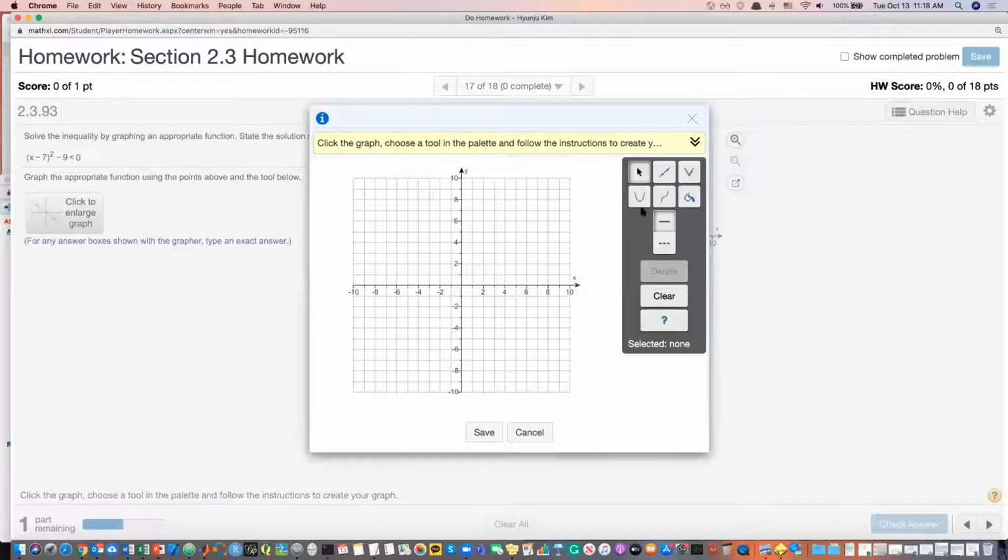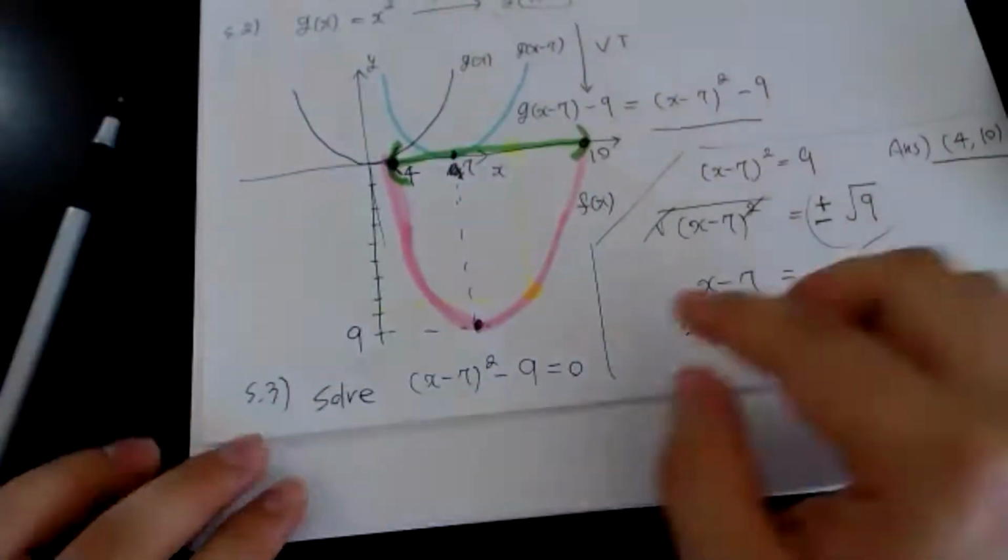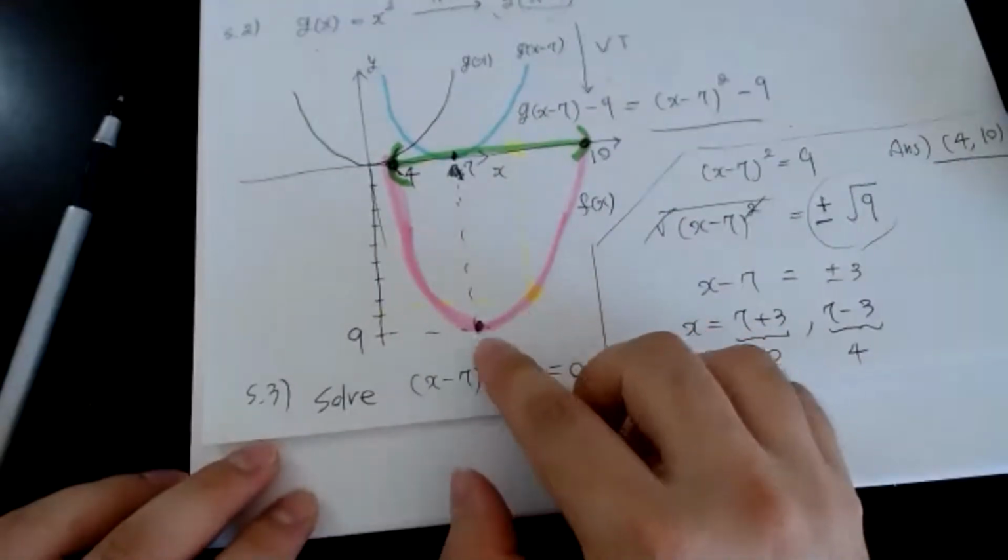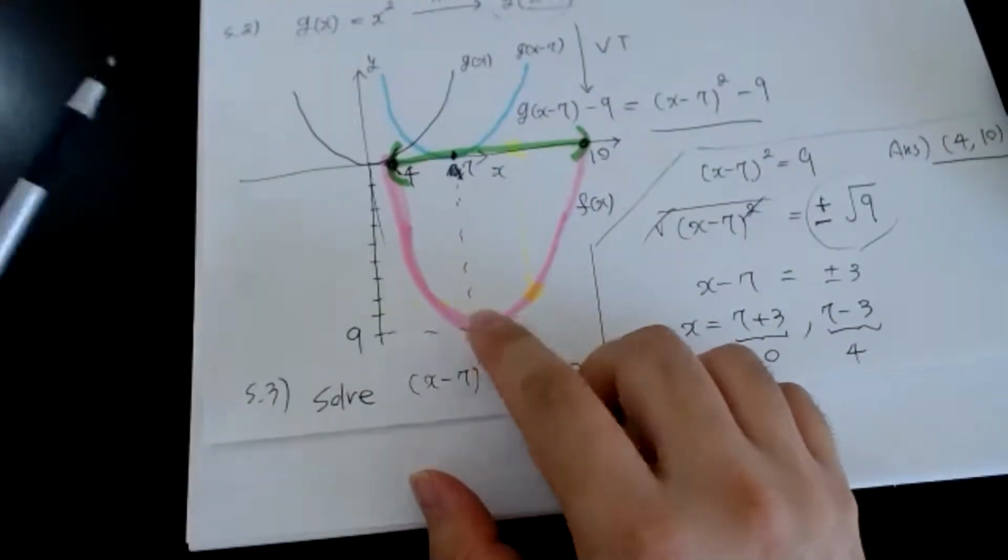We definitely need to plot the parabola, right? So I just choose a parabola, and then we need to plot the vertex point. What's the vertex point? In the graph right there, in this parabola, that point is called the vertex point.